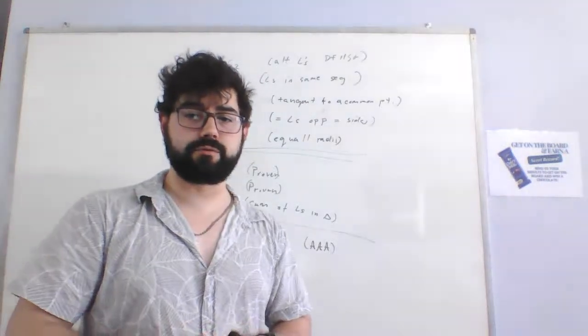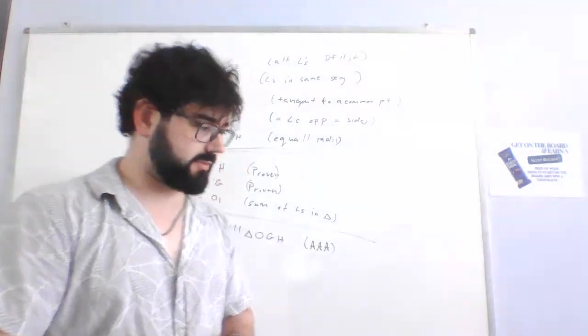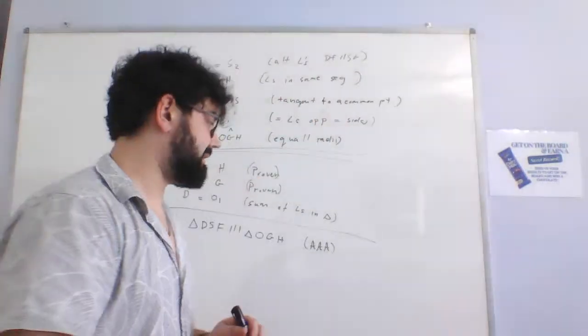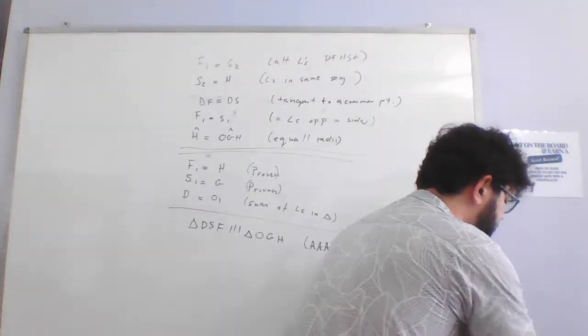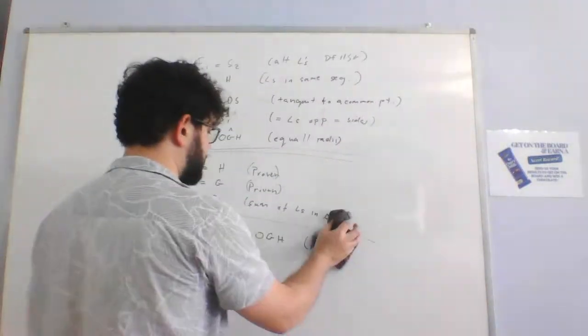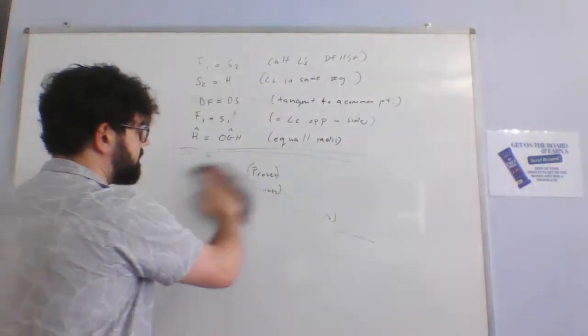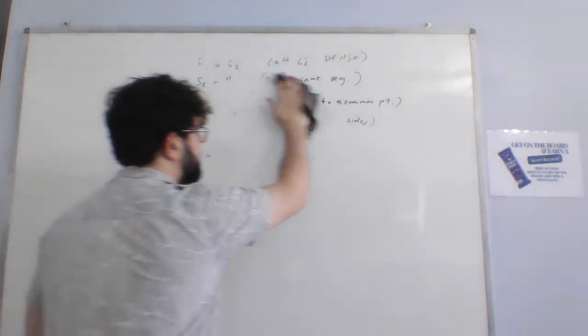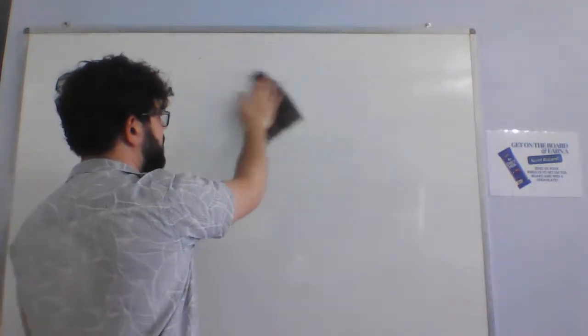Okay, how do you prove riders? So there's something to unpack there in that question. The first thing is, what is a rider? So we need to know first what a rider is.